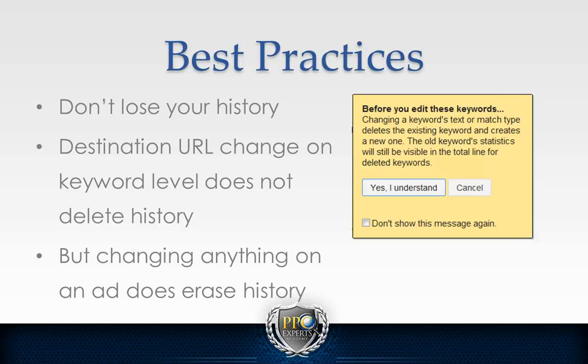So if you ever want to change your landing page and not create new ads and not lose your history, then do that on the destination URL on the keyword level. Now, you'll probably have to select your columns and add the column for the destination URL in order to see it, but it's there.